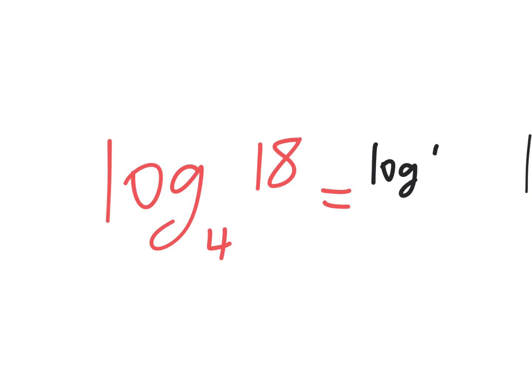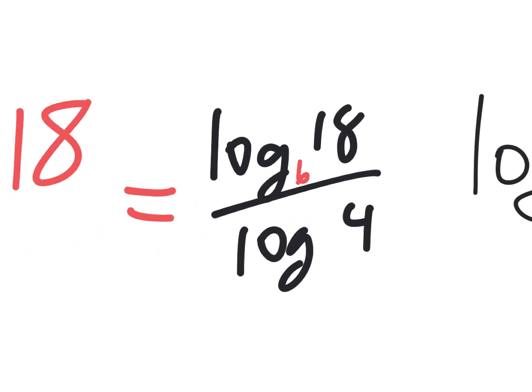I hope you start with log 18 over log 4, and what's wrong with that? Nothing's wrong with that, except it's base 10. And then what do I do, Jacob? Change the 10s to 6s. Yeah, log base 6. There we go. Log base 6 of 18 over log base 6 of 4.